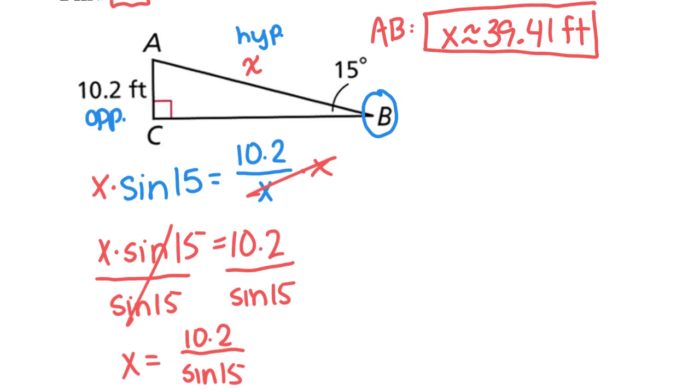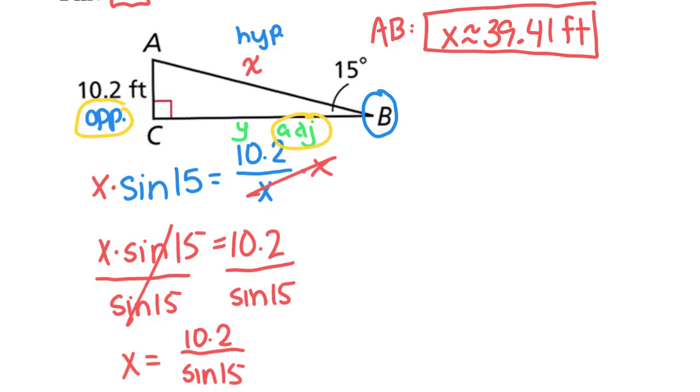So now we also want to go ahead and find BC. So I'm going to call BC y, and this is the adjacent side. So now I have the opposite and the adjacent.